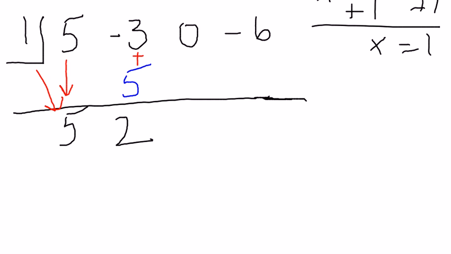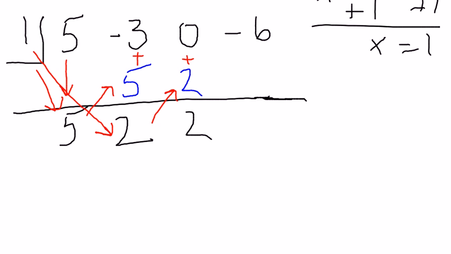And then you take 1 times 2, and 1 times 2 is 2, so you'd put 2 here, and add 0 and 2 together, which is obviously positive 2.